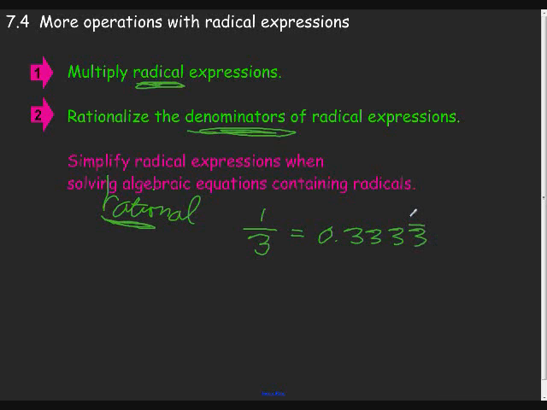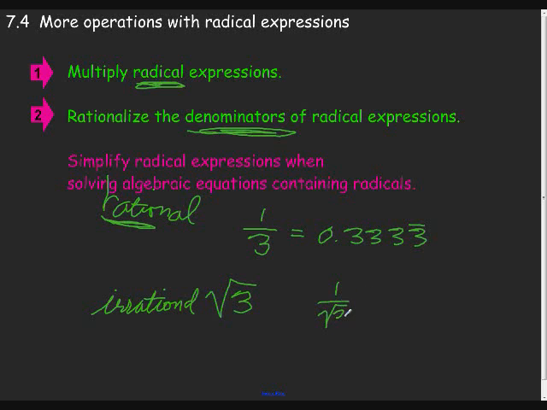That's typical of a rational number that doesn't divide evenly. An irrational number, such as the square root of 3, that's irrational. If that ends up in a denominator, then we have an irrational denominator, and we want to fix that.